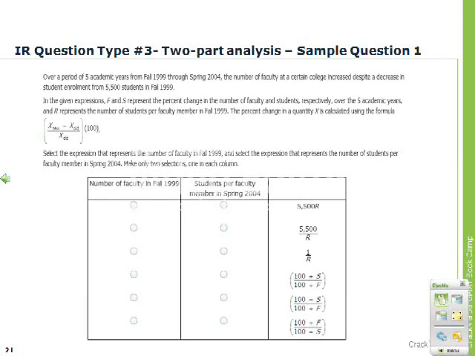Student enrollment is 5,000. So in fall 1999, student enrollment was 5,000. So what is X? X plus A. Okay.